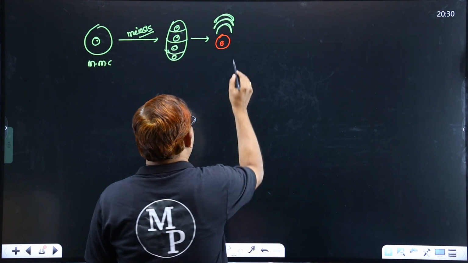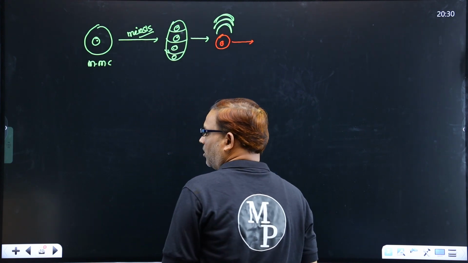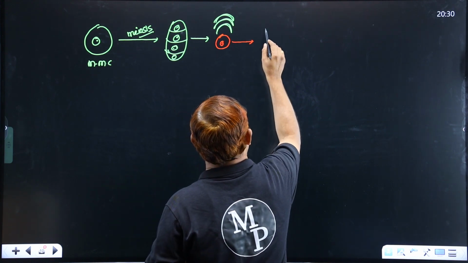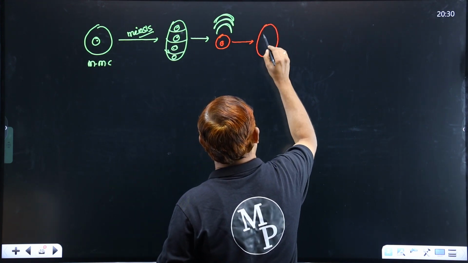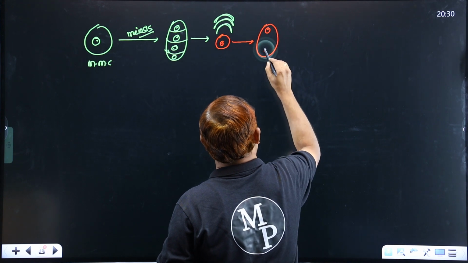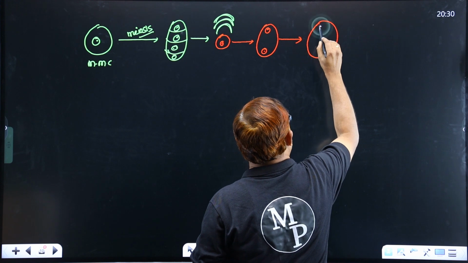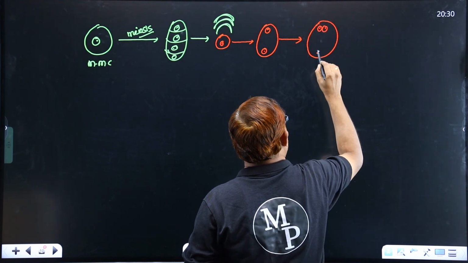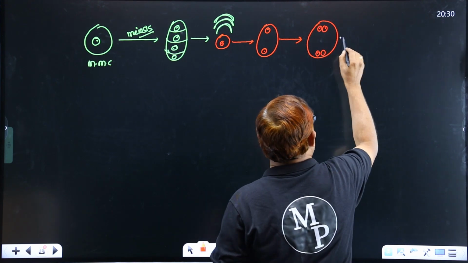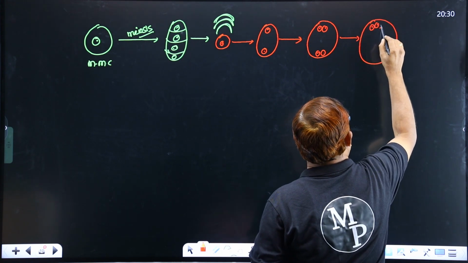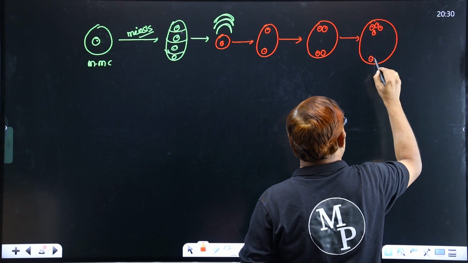Now this functional megaspore undergoes 7 mitotic divisions. Here is the 2 nucleated embryo sac, then the 4 nucleated embryo sac, and then the 8 nucleated embryo sac is formed.